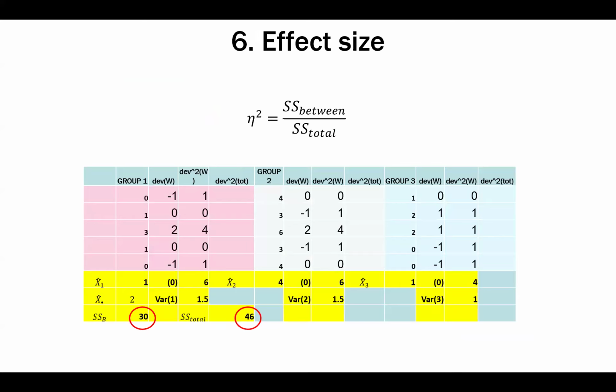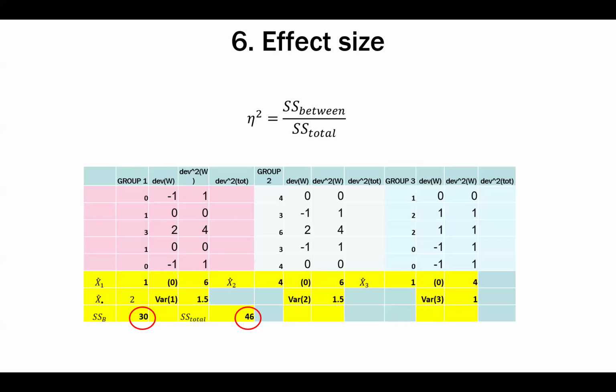Now we do our last step for the one-way overall ANOVA, which is the eta squared, the effect size. That is very simple to do once you've done all this work, because it's your sum of squares between divided by your sum of squares total, the ratio of 30 to 46.